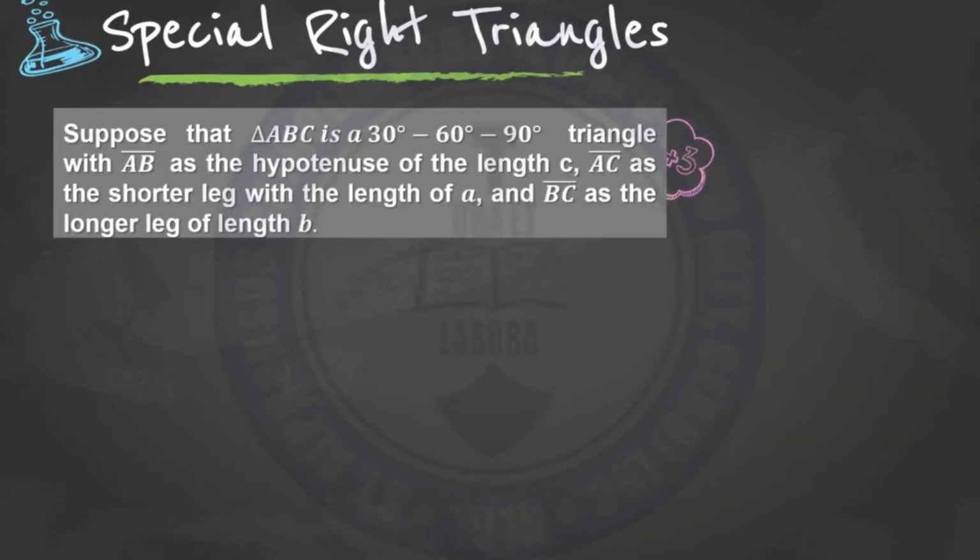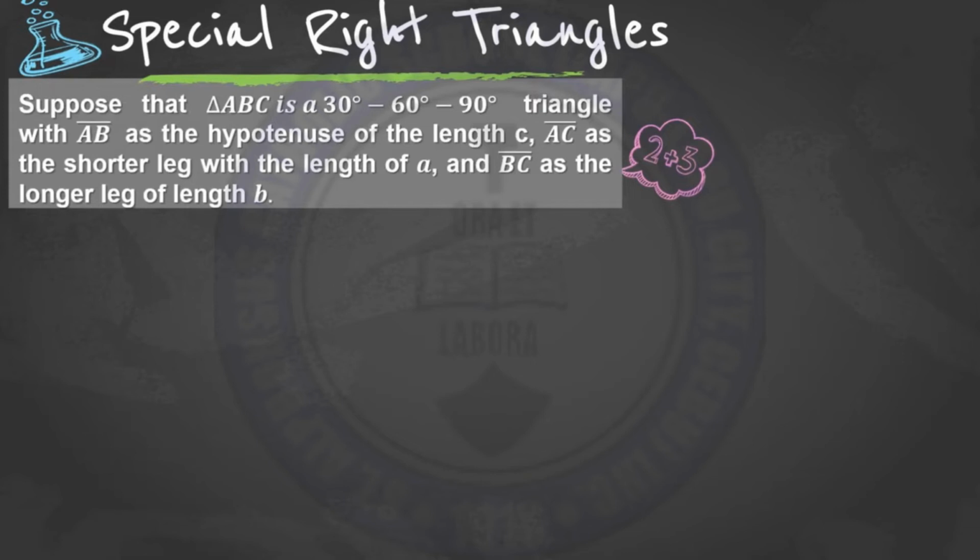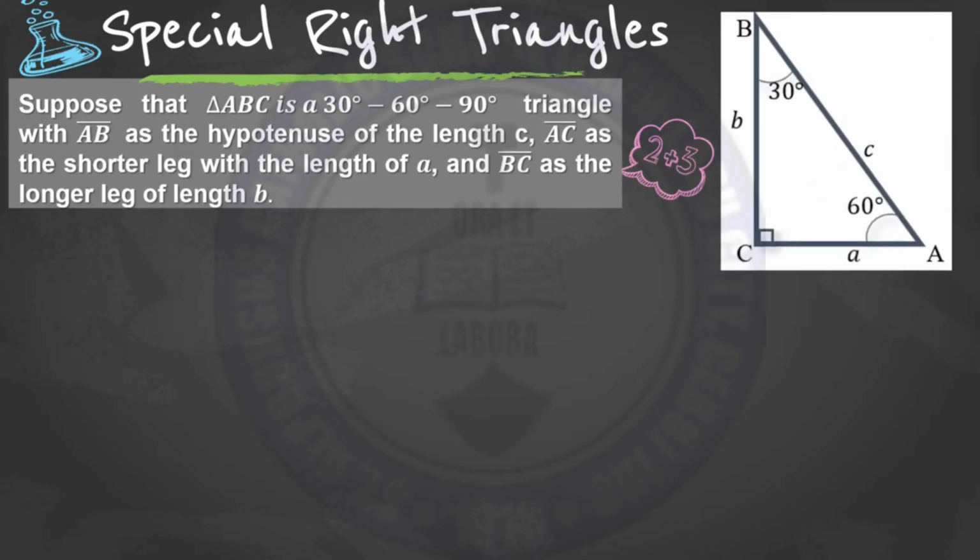Now, we will continue with our second special right triangle, which is the 30-60-90 degrees triangle. Suppose the triangle ABC is a 30-60-90 degrees triangle with segment AB as the hypotenuse of length c, segment AC as the shorter leg with length a, and segment BC as the longer leg with length b.